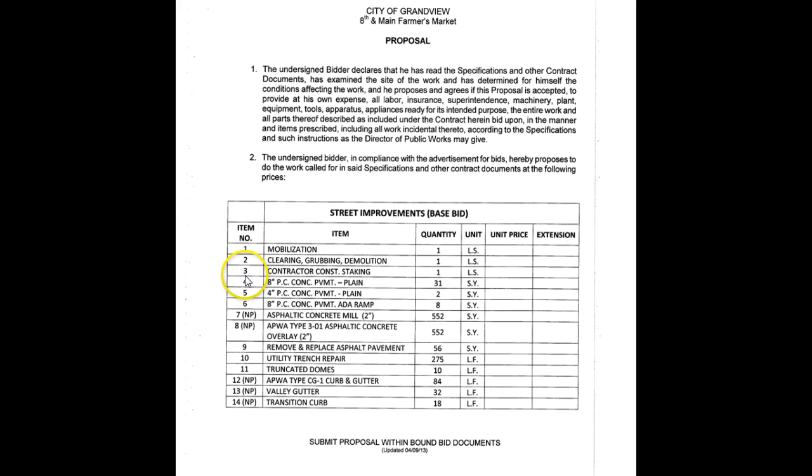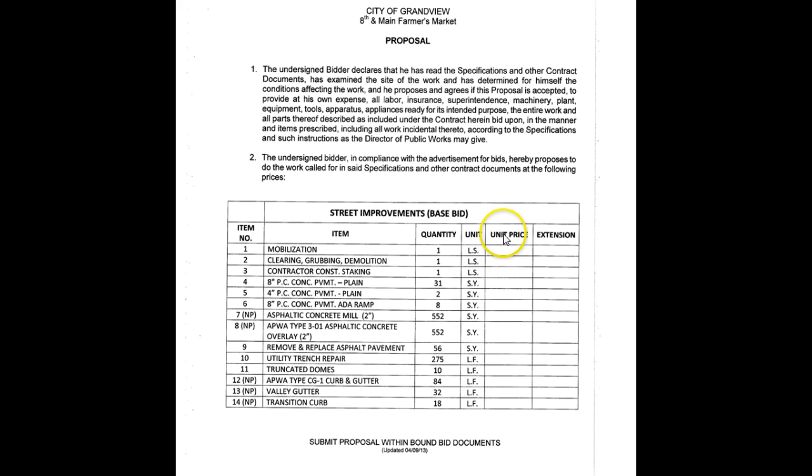And what it consists of is an item number, an item, a description that usually meets a specification or a special specification, the estimated quantity that the owner has developed and wants you to bid against, the units, and you'll see the different types of unit designations here, lump sum, square yards.